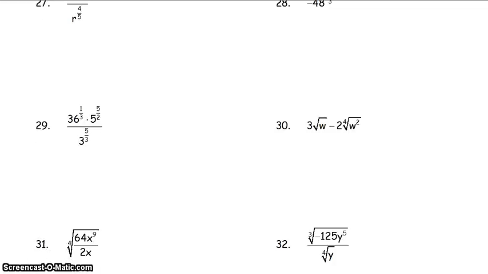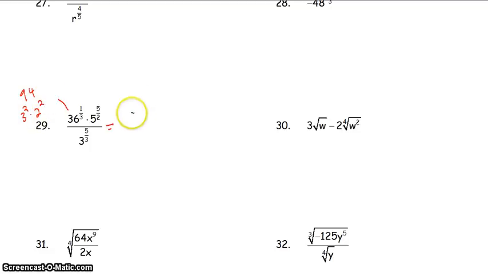With 29, you have to get everything to the lowest base number possible. So 5 is already the lowest it can be. 3 is already the lowest it could be down there. 36, if you break down 36, is 9 and 4, which is the same thing as 3 squared times 2 squared.